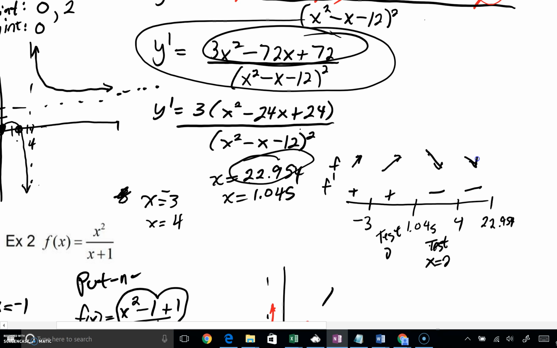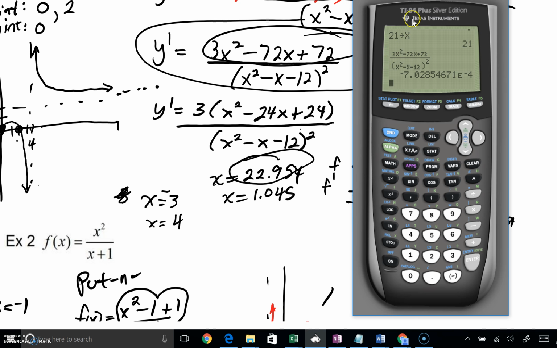So that means our curve is decreasing. Finally, let's plug in something to the right of 22.954. Let's maybe store 23 in there and see what happens. It only takes a second to get that confirmation, and we're seeing we get something positive.